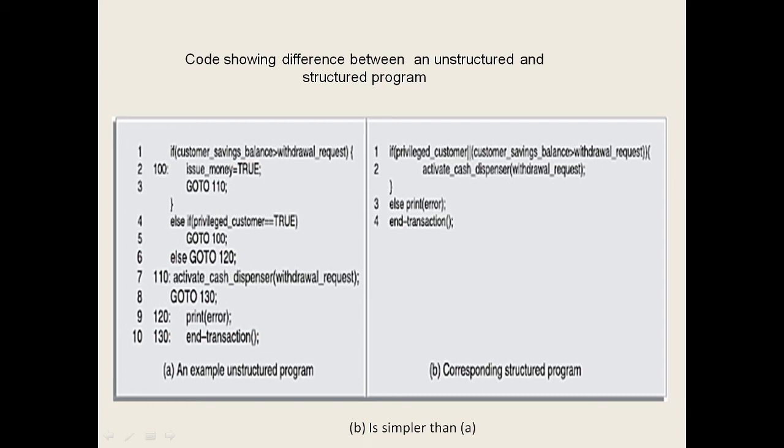So even after specifying the else part of the if statement, there is a go to statement, go to 100. So the flow of execution is jumped from one statement to another statement, to different parts of the same program. And again, the else part is given as else go to 120. At 120, it is printed as error.